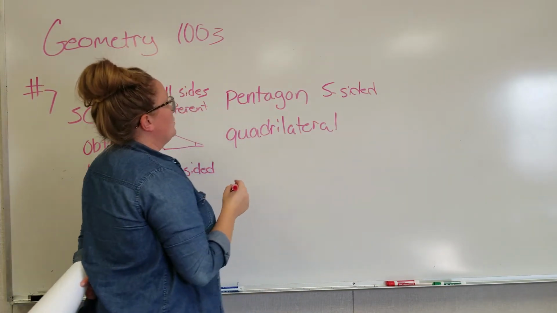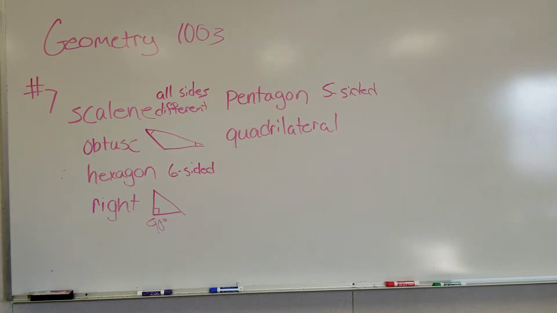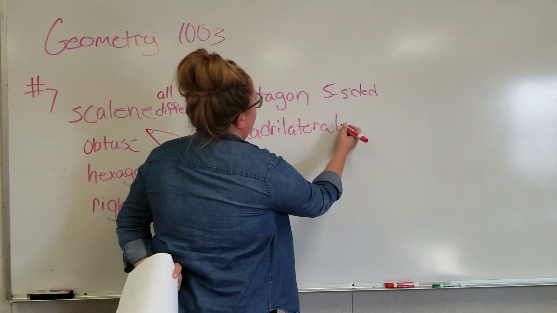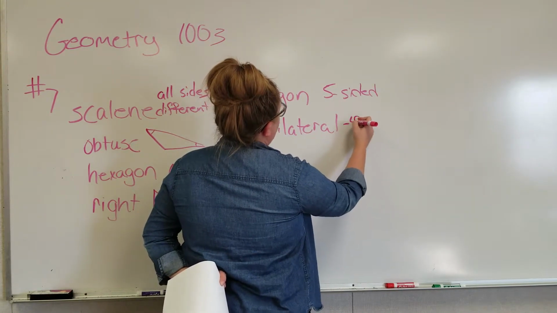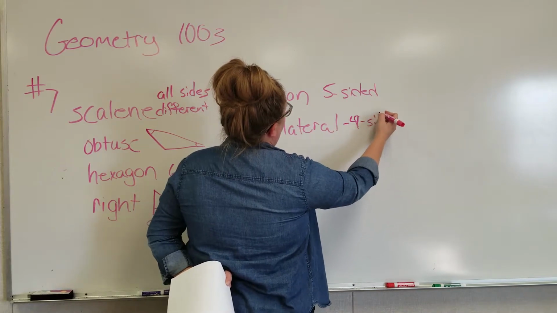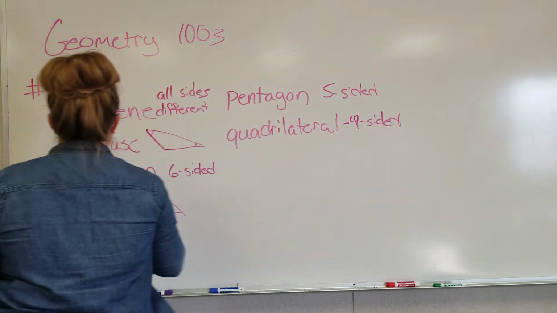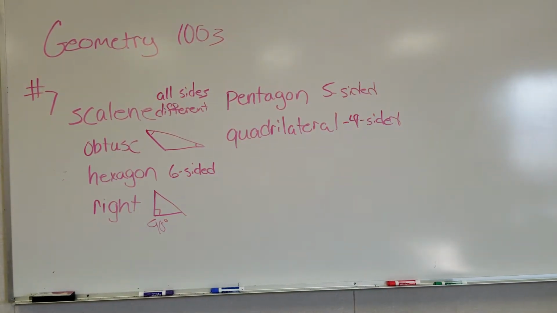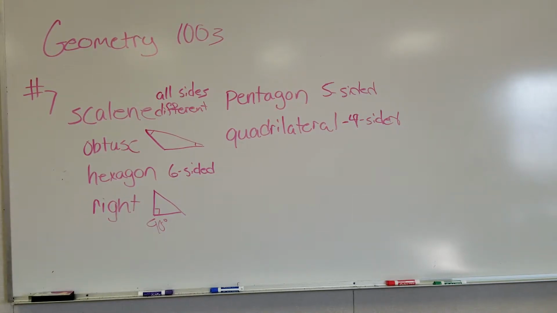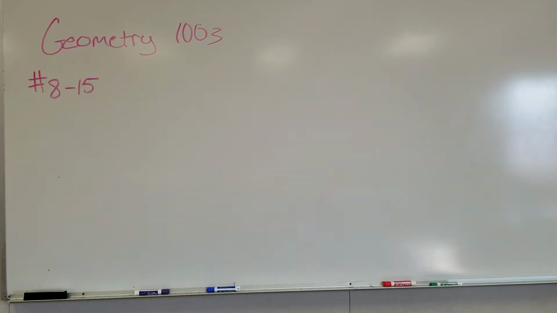And a quadrilateral is any polygon with 4 sides. All right, so it doesn't have to be square or rectangular, but it always has 4 sides. So remember, check your number of sides, and for the scalene and the obtuse: scalene, every side is a different length, and obtuse, one angle has to be larger than 90 degrees.